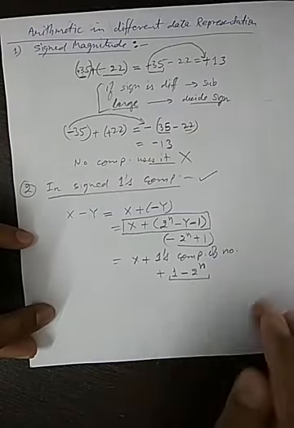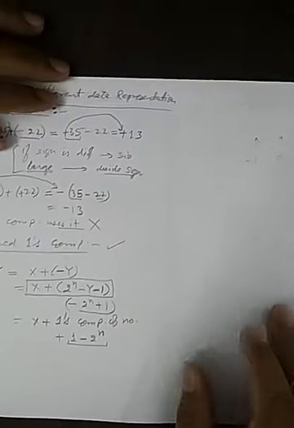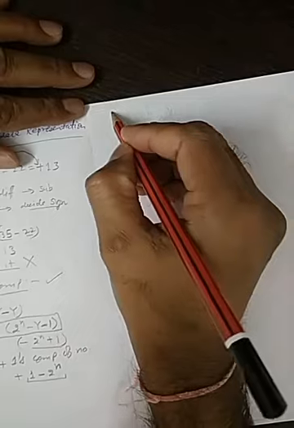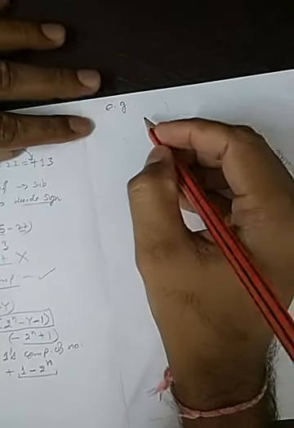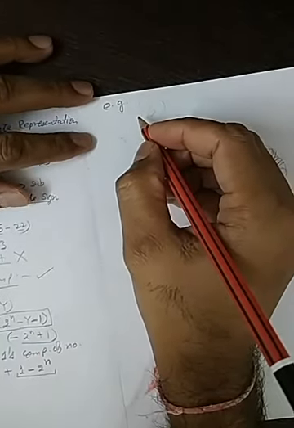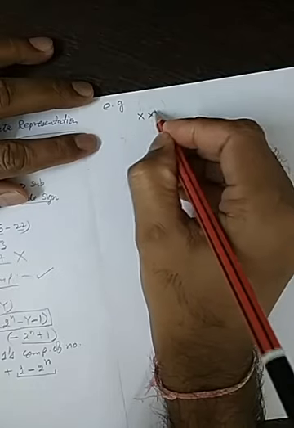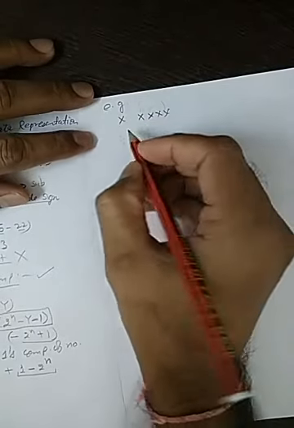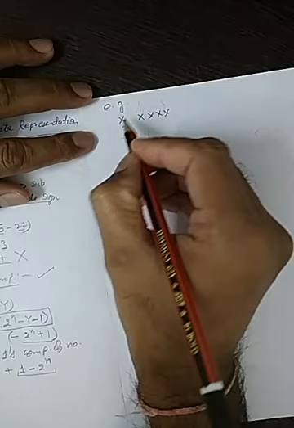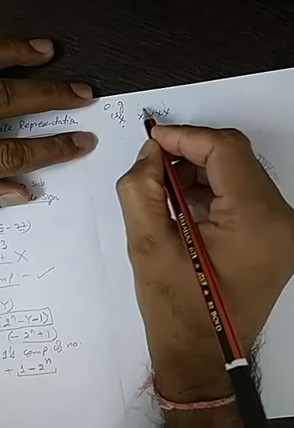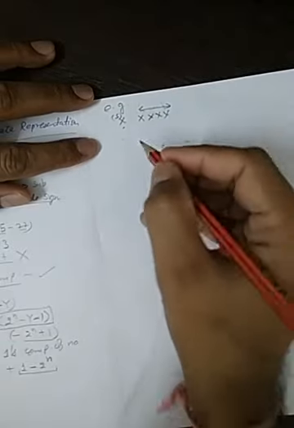Okay, so let us understand this thing with the help of some example. Suppose I have a 4-bit number and 1 sign bit. This is the sign bit, and this is the 1's complement bit.